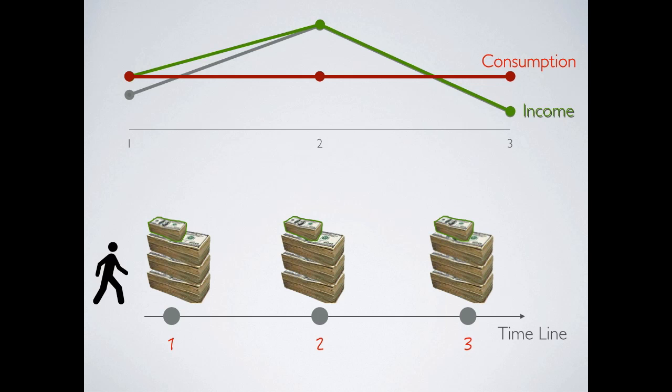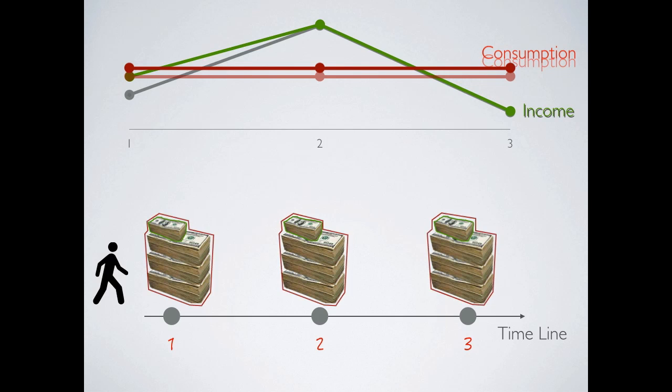As you can see, this new arrangement to achieve consumption smoothing would let the household consume 3 1/3 piles of cash for each period. Consumption increases and is still perfectly smooth, but it does not increase as much as before. It's only increased by 1/3 unit.